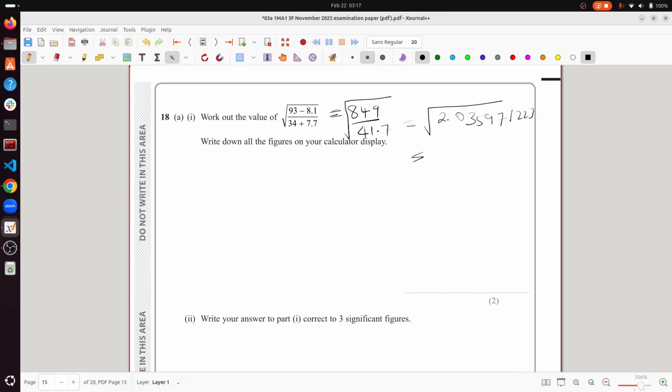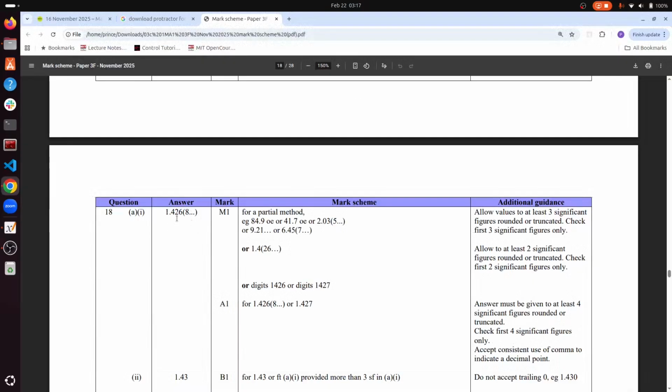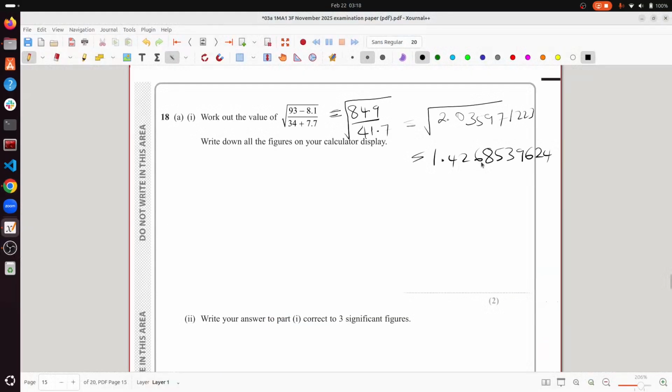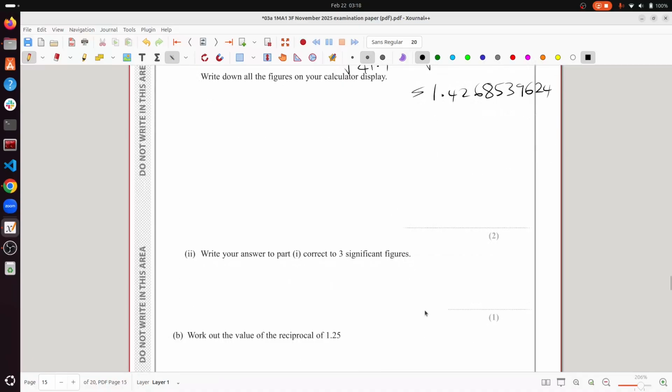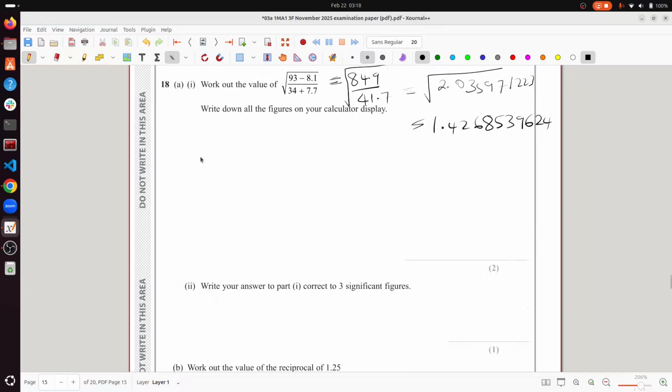Find the square root of that answer. It gives us 1.4268539624. So that's what they're looking for, 1.4268.